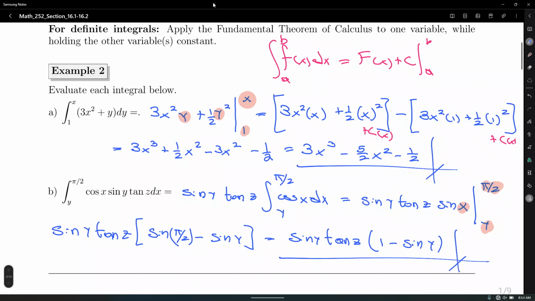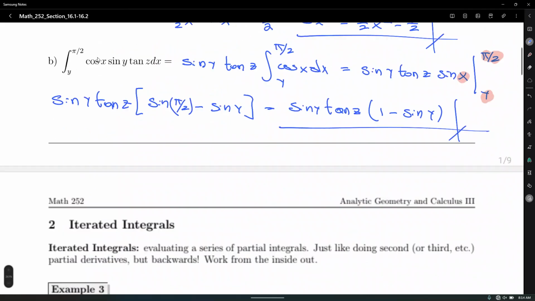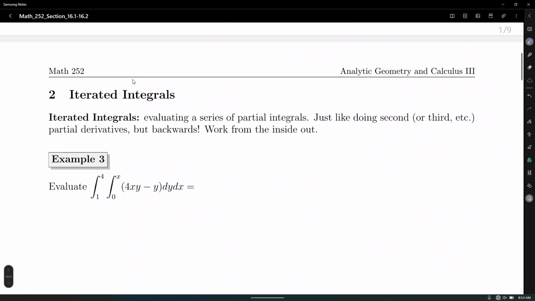Okay, so now that we have evaluated a couple of these partial integrals, let's put them together into what we call iterated integrals. That is, double integrals and potentially triple integrals, and potentially quadruple, quintuple, sextuple integrals. Of course, there's no limit as to how many iterations of an integral we can do.